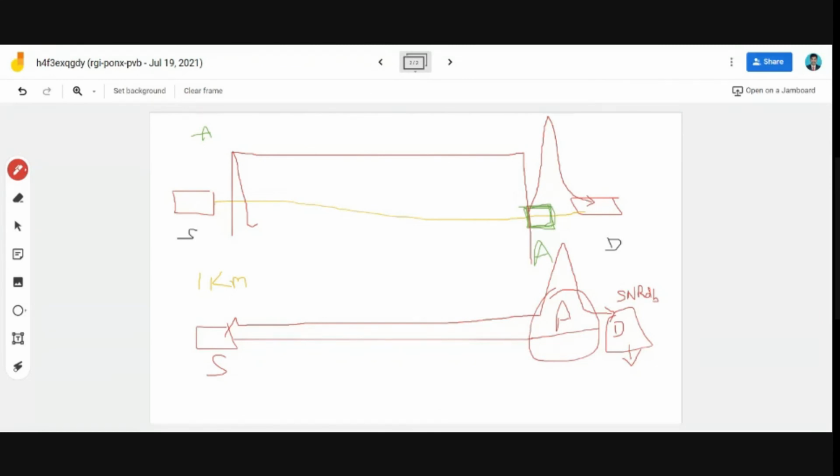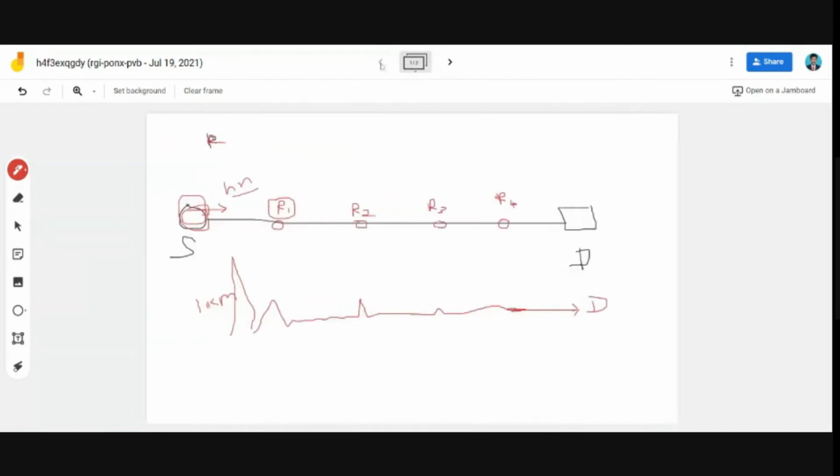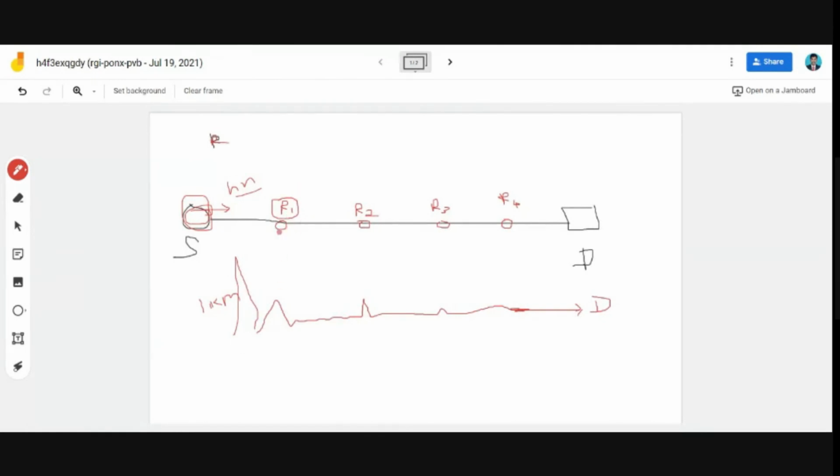But compared with repeaters, there is no need for any extra calculation to reduce the noise, because it is automatically reduced. When the signal reaches a repeater, it automatically reduces the noise and sends it to the next repeater. So this is a major difference between repeaters and amplifiers. You have to understand the repeater and amplifier methods.